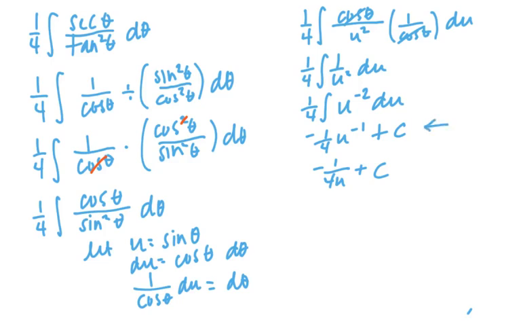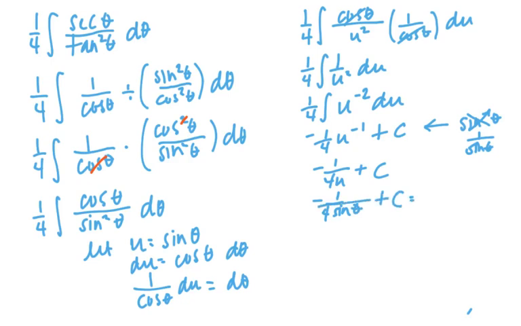Now this is important because u is sine theta. So inverse sine of theta is a lot different than 1 over sine theta. So that's why you need to put your u in the denominator. Then you can really see what's happening with the sine theta. So this gives me negative 1 over 4 sine theta, because u is sine theta, plus c.